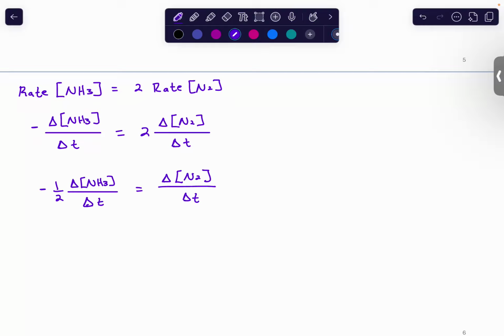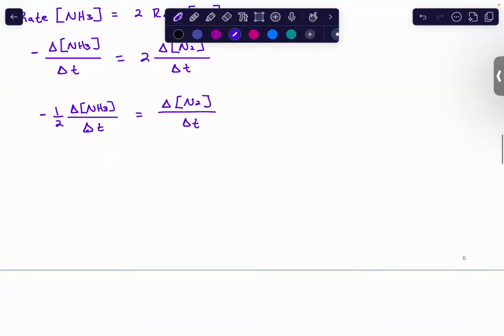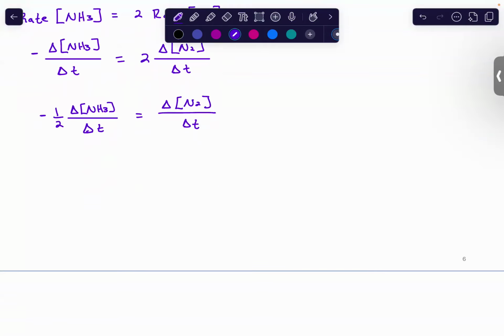So we have that relationship. Then my rate of H2 production is 3 times my rate of N2 production.